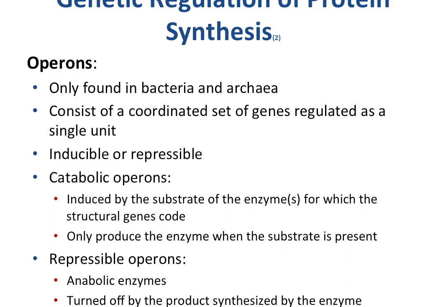The repressible operon is known for anabolic enzymes. That means if those enzymes make the substrate, this substrate will bind with the operon and shut down the translation. So this is also another example of negative feedback regulation, to prevent the substrates from being made too much.